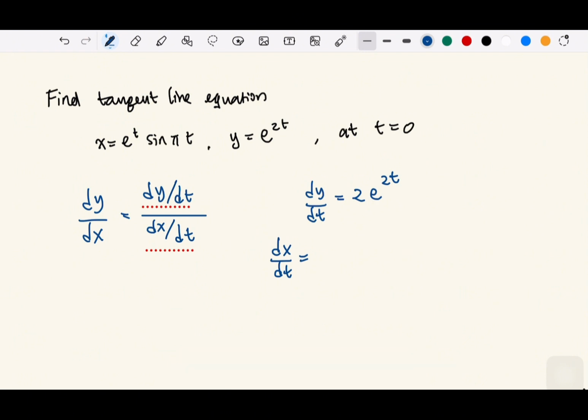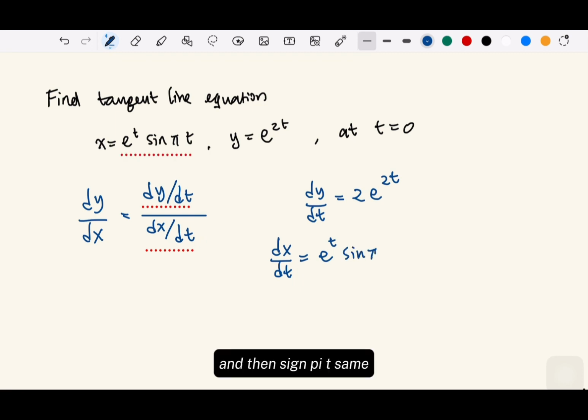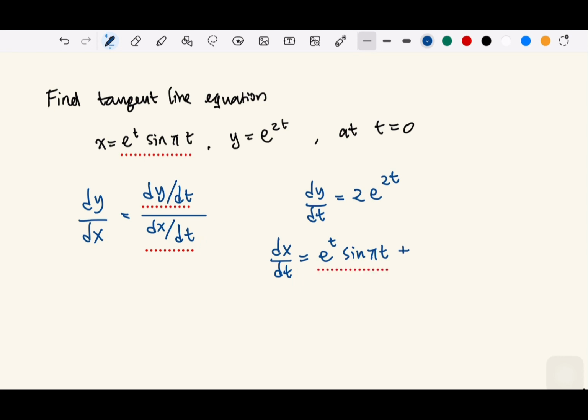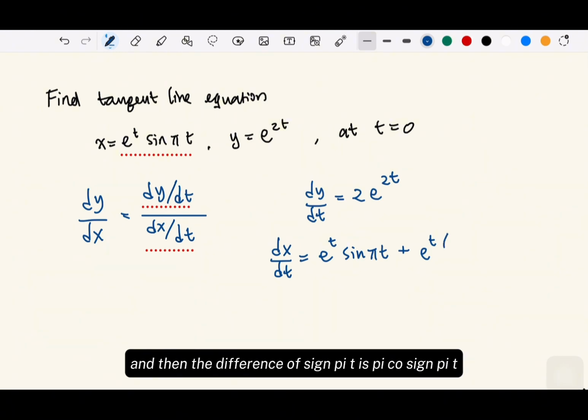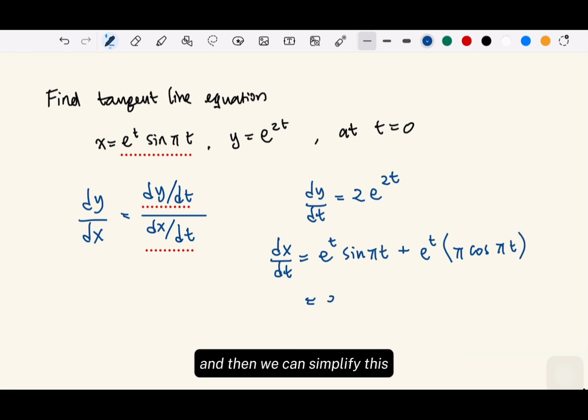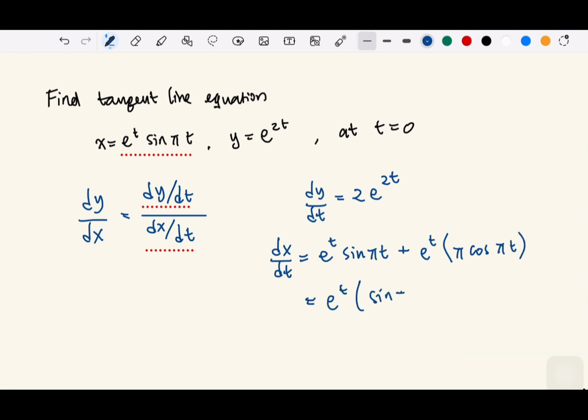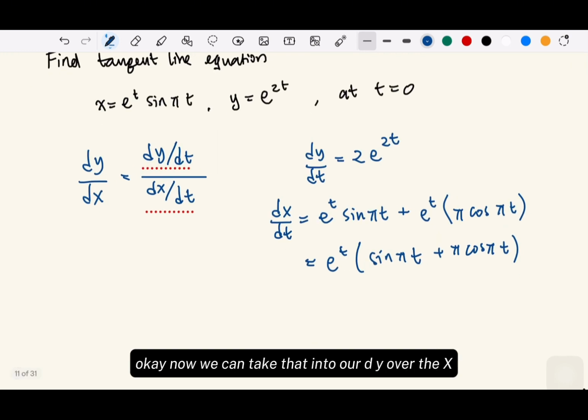So we have e with power of t, and then sine pi t, the same, and then plus, again the same e with power of t, and then the derivative of sine pi t is pi cosine pi t, and then we can simplify this. Okay, now we can take that into our dy over dx.